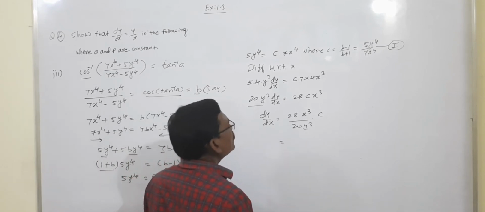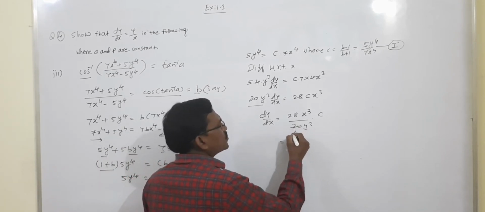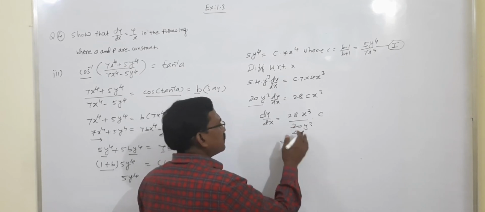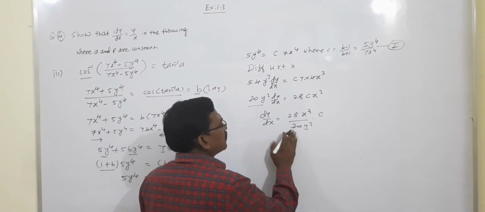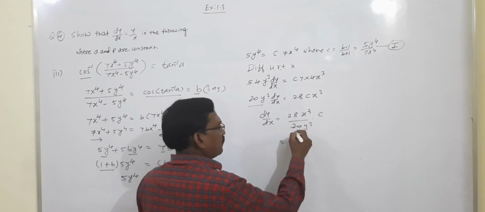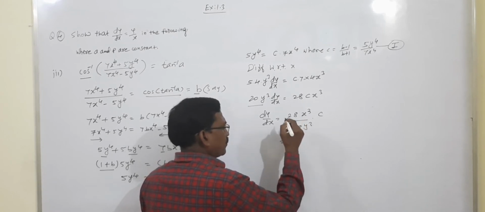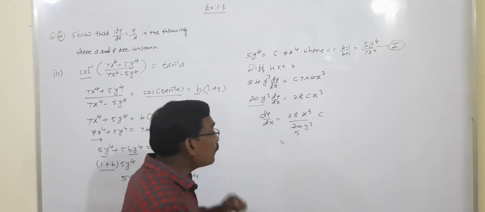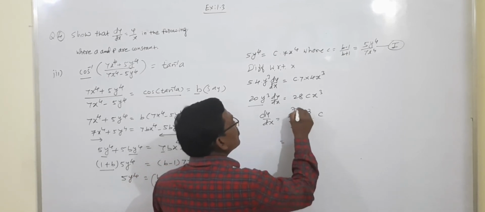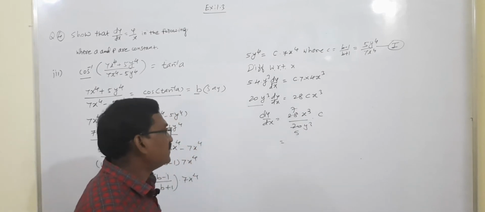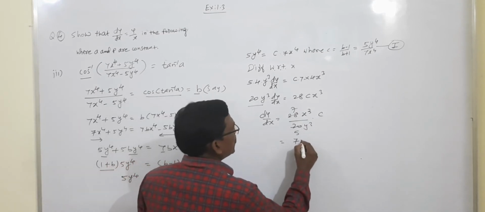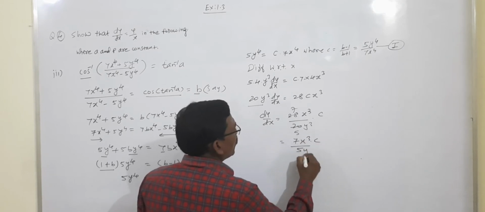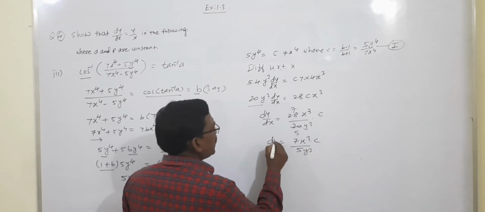Now we cancel out here: 4 5s are 20, and 4 7s are 28. It becomes dy/dx equal to 7x^3 c divided by 5y^3.